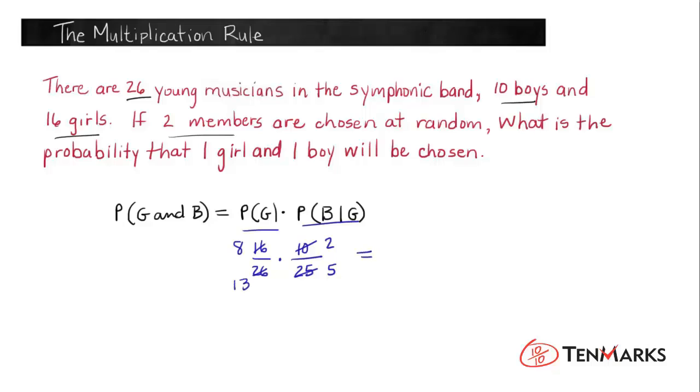So now we've got more manageable numbers. We've got 2 times 8 is 16, and 5 times 13 is 65. So the answer to this question, what is the probability that 1 girl and 1 boy will be chosen, is 16 out of 65.